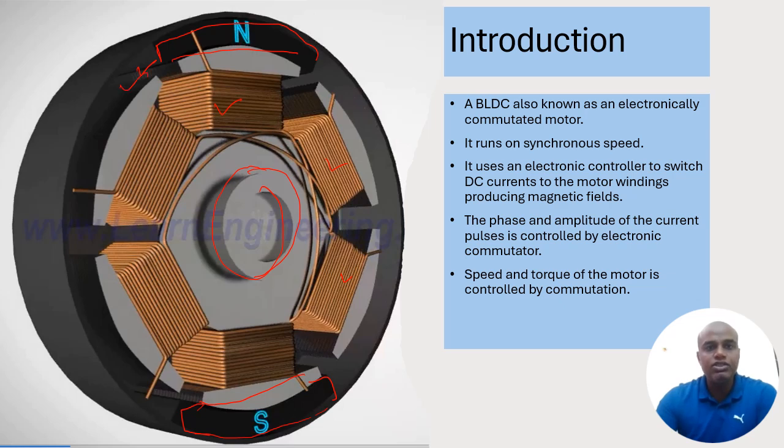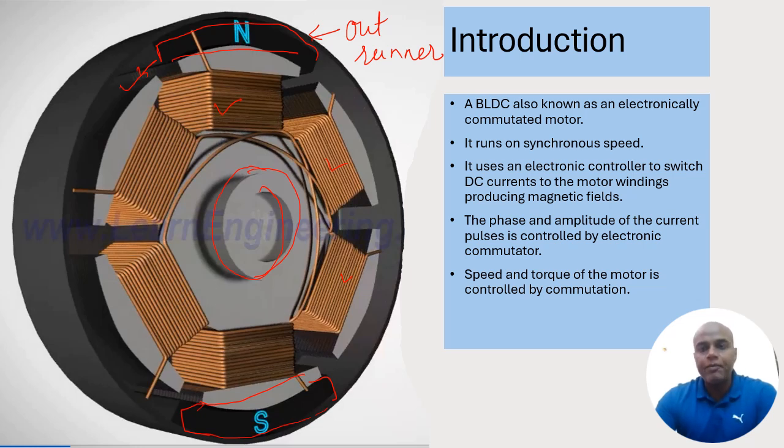This kind of rotor is known as the outrunner rotor. This is your outrunner rotor, where my rotor surrounds my stator winding.